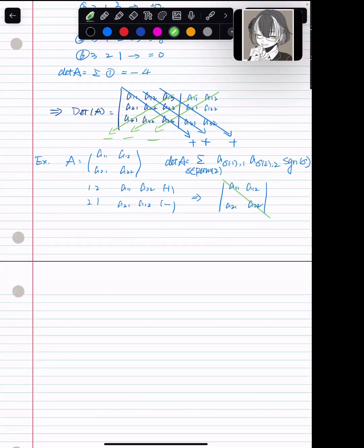If we're going from top left to lower right, then it will be add. If we're doing the other way, it will be subtract. So the determinant of A equals A 1, 1, A 2, 2, subtract A 1, 2, A 2, 1.